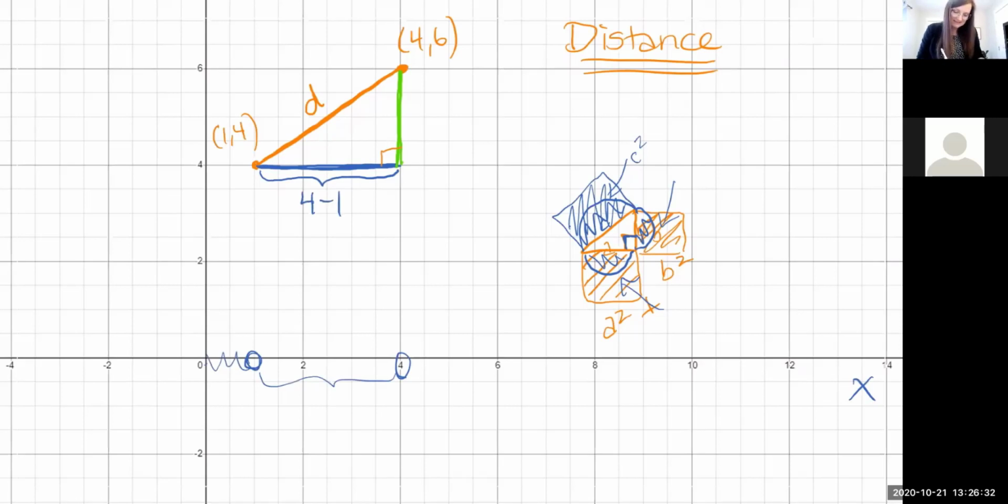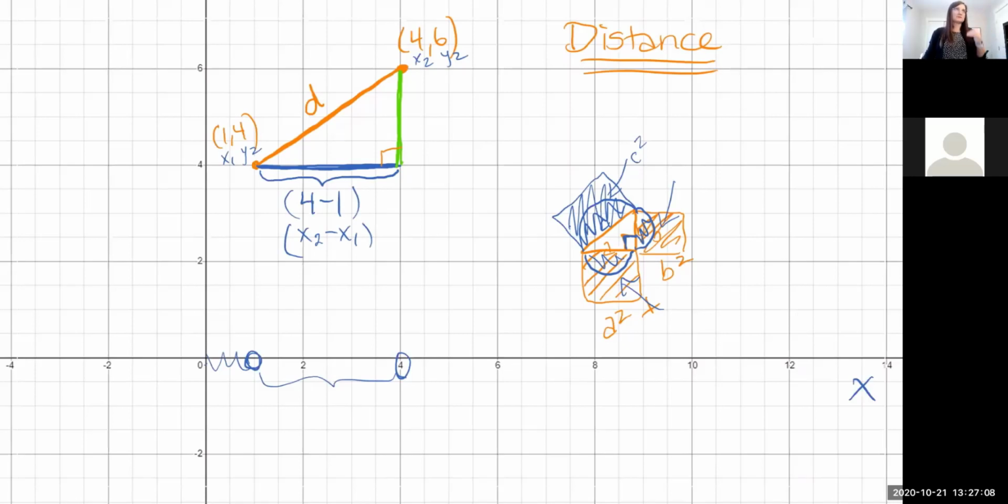So in this case, technically, this is x2 minus x1, if I'm thinking of this as my point 2 and point 1, which is actually 3. So that distance is 3. I'm just going to keep it like this for now. And now somebody type what you would do to find the green distance.